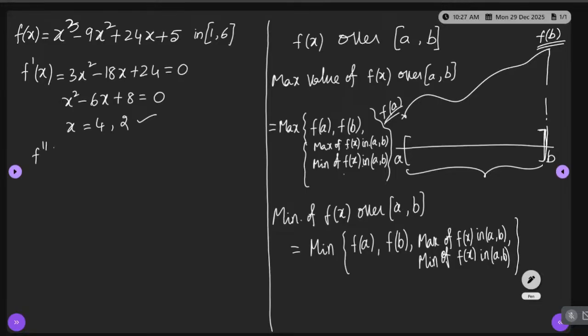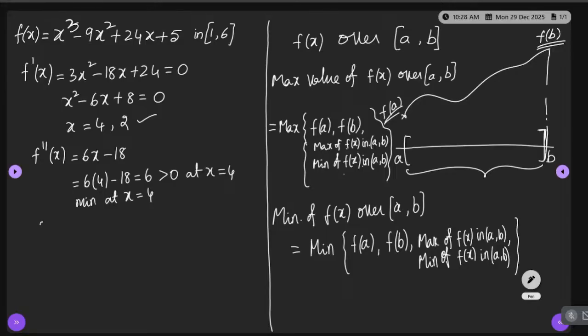Now f double dash of x equals 6x minus 18. This is equal to 6 into 4 minus 18 is equal to 6, greater than 0 at x equals 4. So you are getting minima at x equals 4.